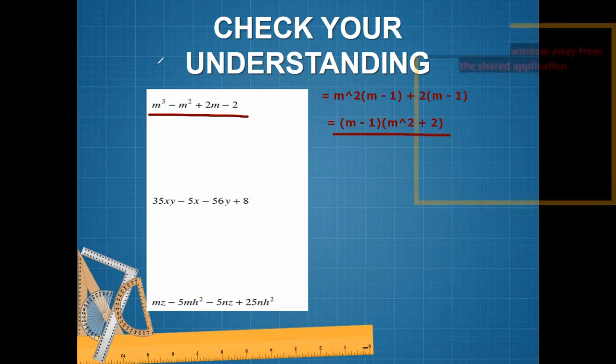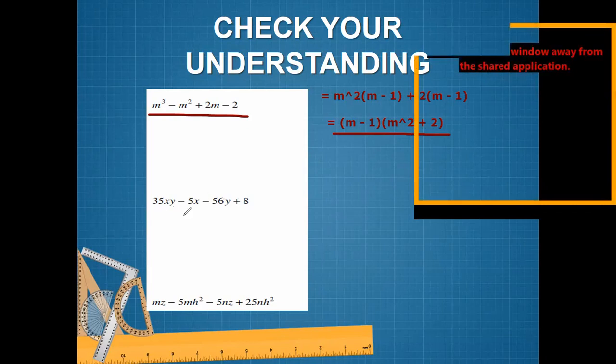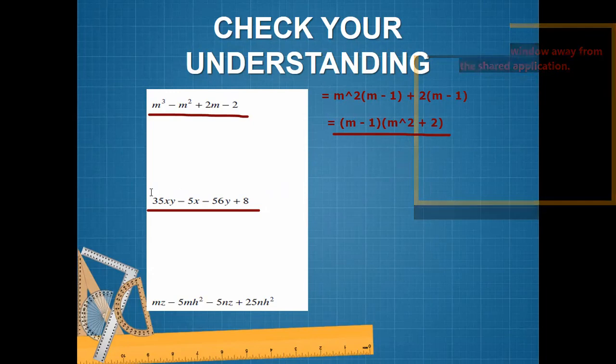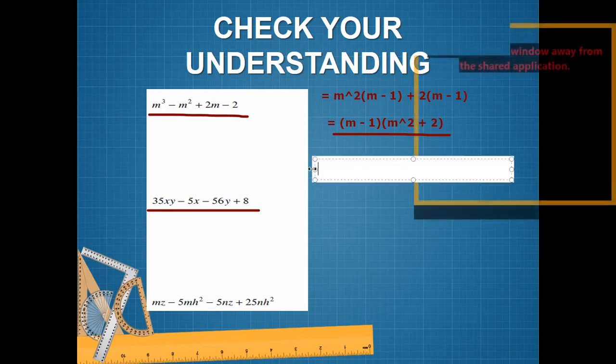Okay, did you get it right? Okay, so let's proceed with the second item. We have here 35xy minus 5x minus 56y plus 8. Of course, the greatest common factor between 35xy and 5x, between 35 and 5, that's 5.